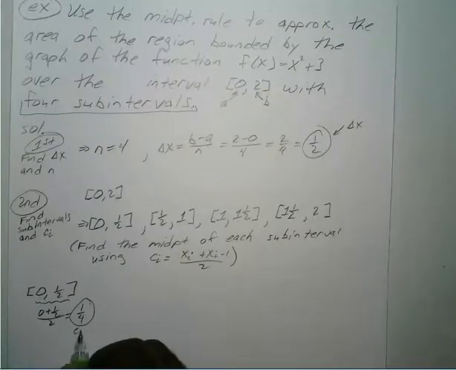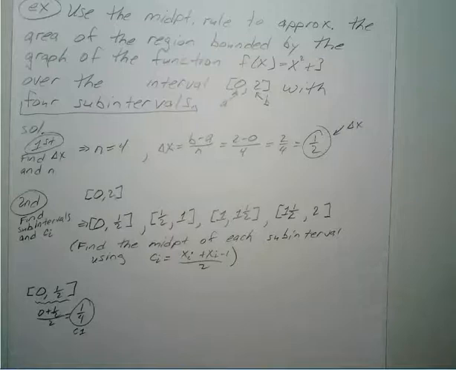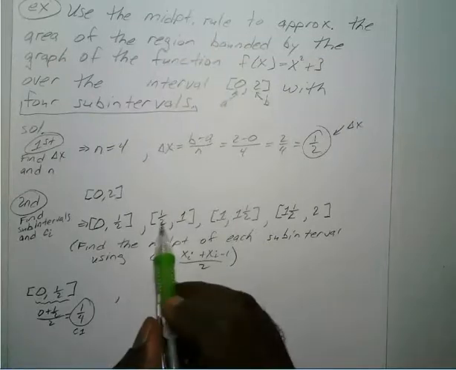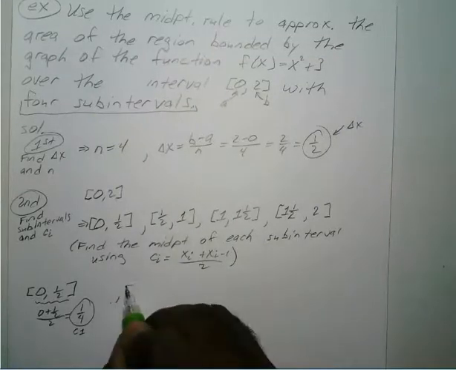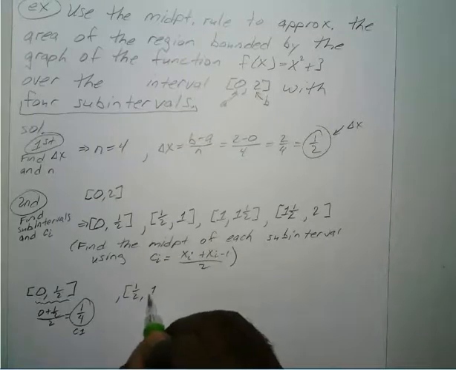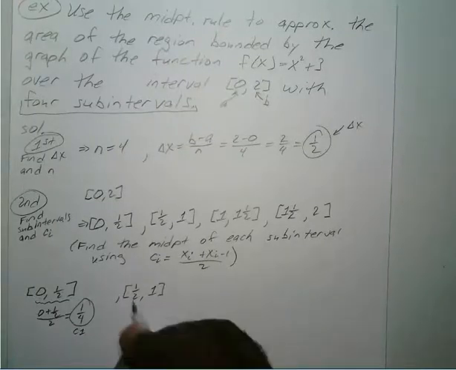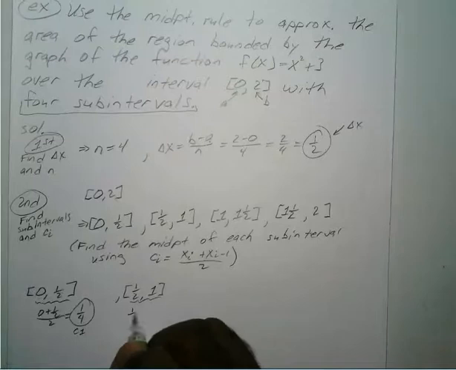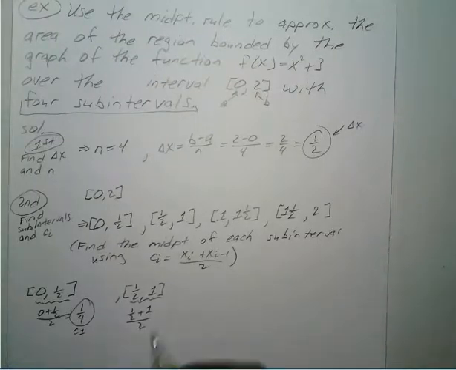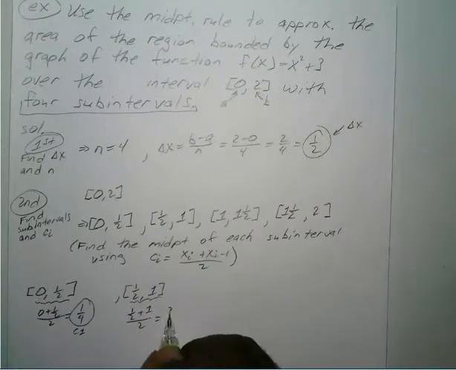So that's our c sub 1. We do the same thing with 1/2 to 1. We add those two together, so 1/2 plus 1 divided by 2. If we change that 1 to 2 over 2, we get 3 over 2 divided by 2, which is 3 over 4.